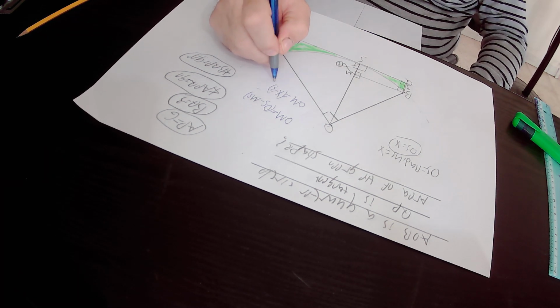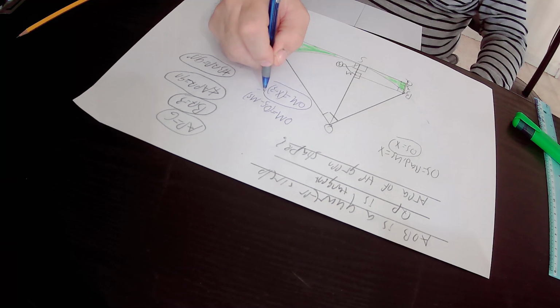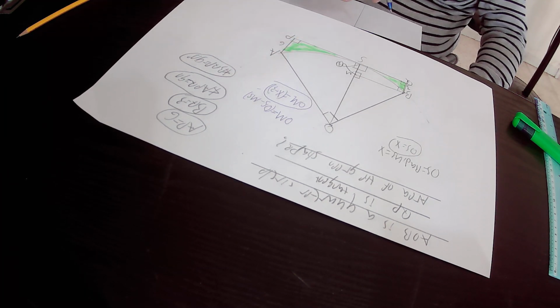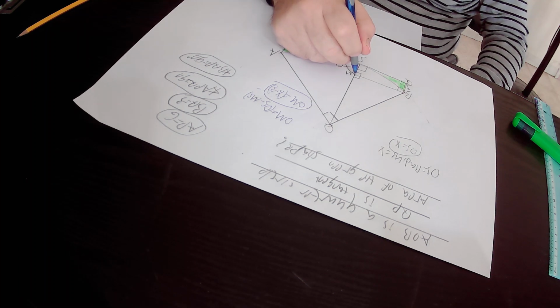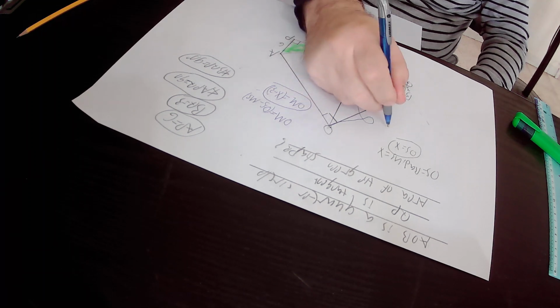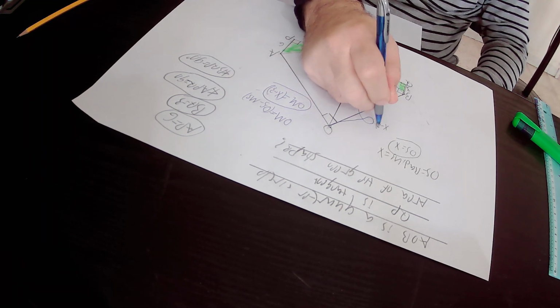So in conclusion, the length of line segment OM equals X minus 3 units.